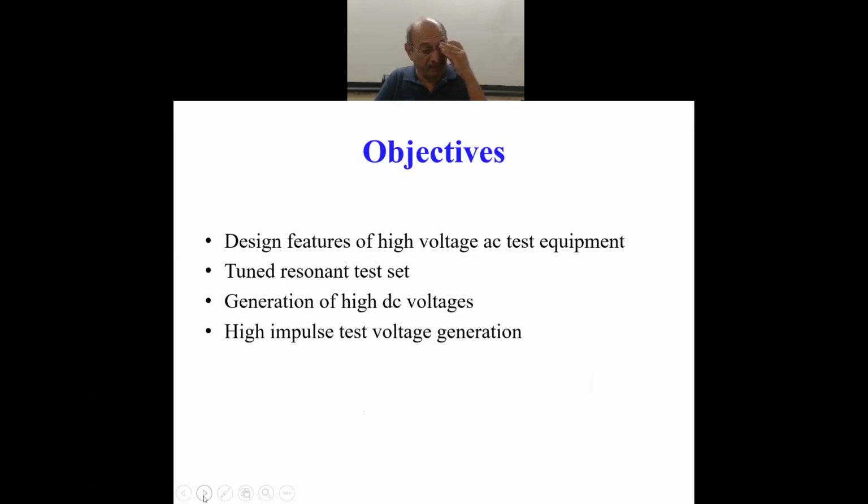Then we will be talking about the high voltage impulse generator, generating both the lightning impulse and the switching impulse, LI and SI. We'll also be talking about the high current generator.